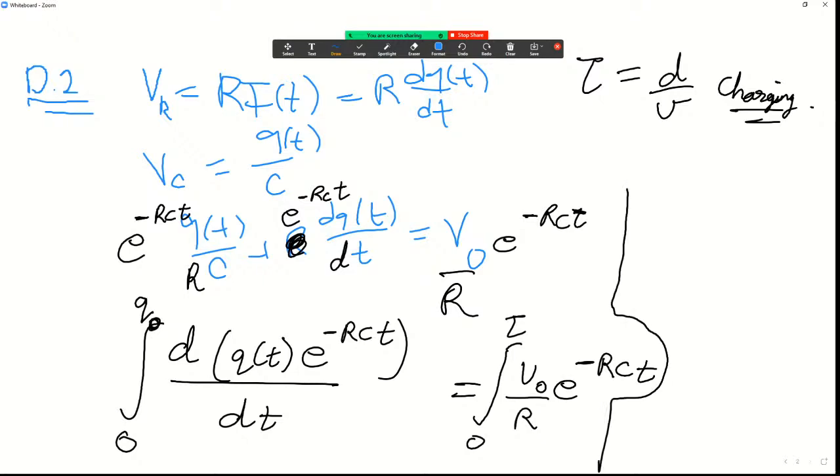After integrating we would get Q naught e to the power minus RC tau minus 0 equals V naught by R, and we have the integrating factor minus RC.